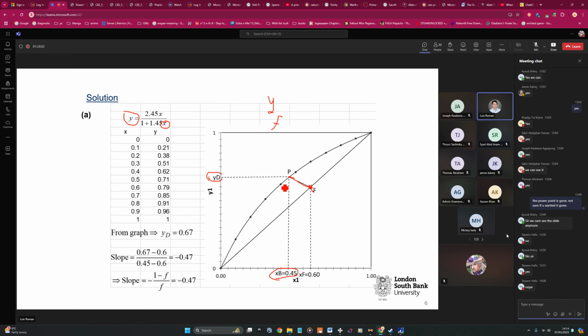So the slope can be calculated by calculating the change in the y-axis and the change in the x-axis. That's the value of the slope, and the slope is also given by this equation. So that means that you have the value of the slope, so you can calculate the value of f. In this case, just after doing some maths, it is 0.68.